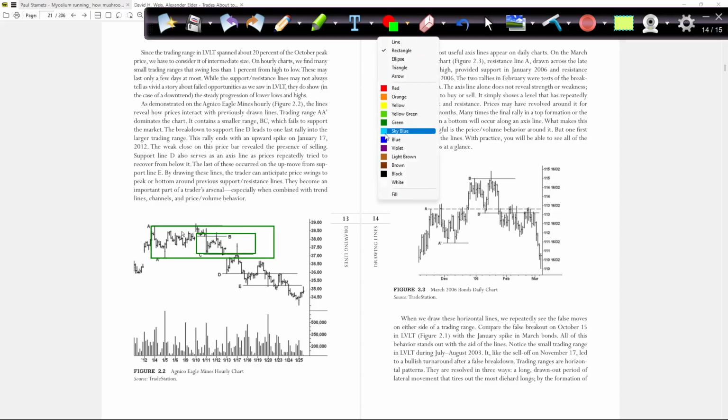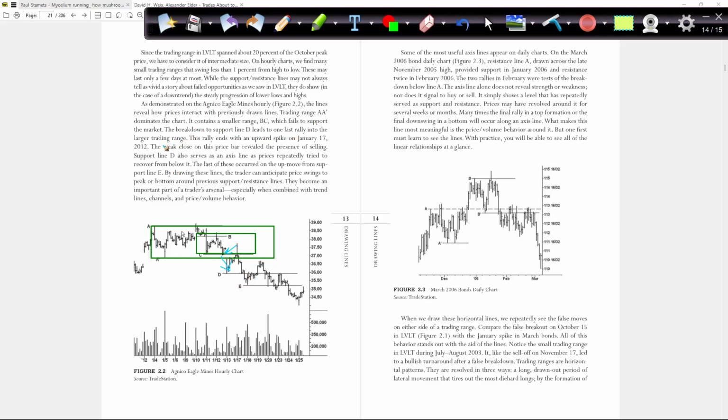Okay, now saying, so it contains a smaller range BC which fails to support the market, right? So basically this range failed to support the market and it went down, right, forming a new trading range.